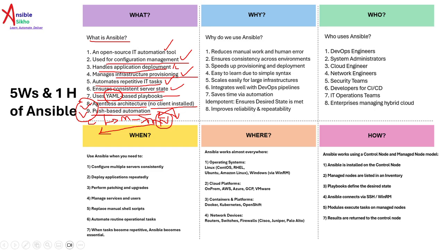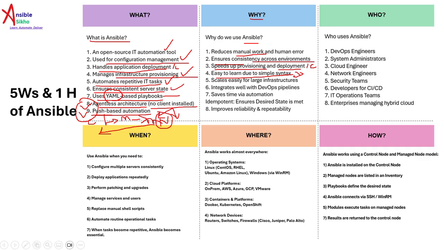Okay. Now we will see why we should use Ansible. Because it reduces human effort and manual tasks. It ensures consistency across your infrastructure. It speeds up the provisioning, deployment and configuration tasks where a human takes a lot of time. It is easy to learn with simple syntax because of YAML.